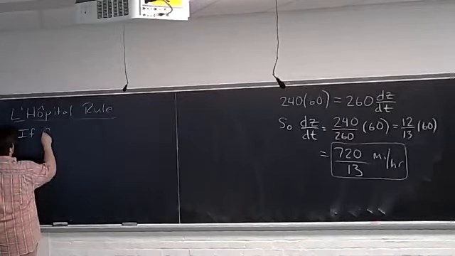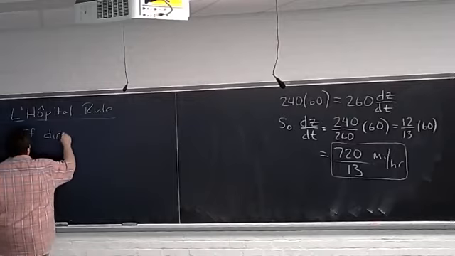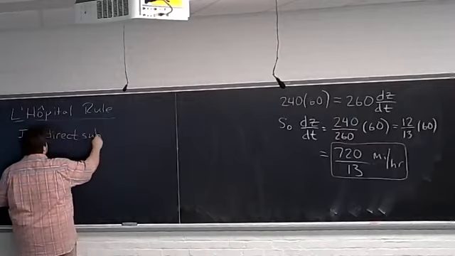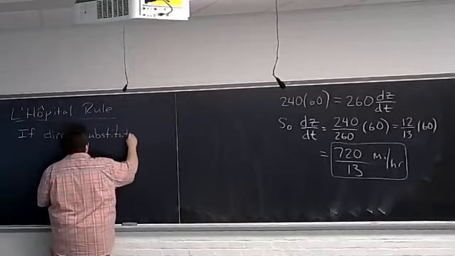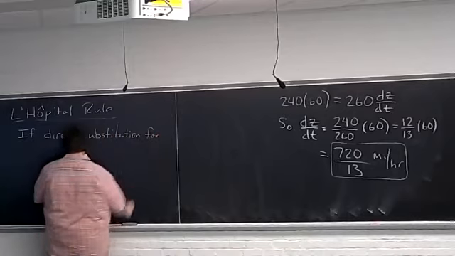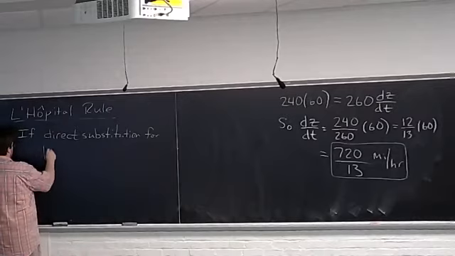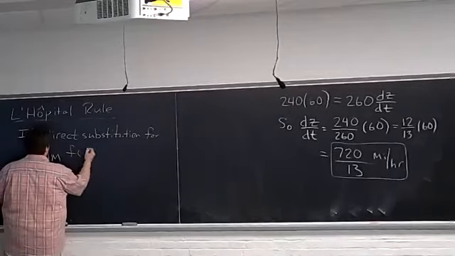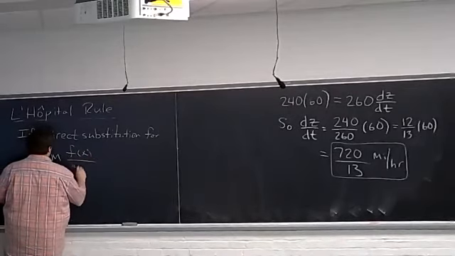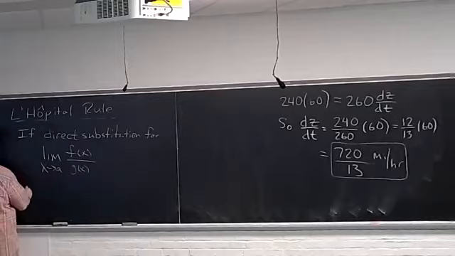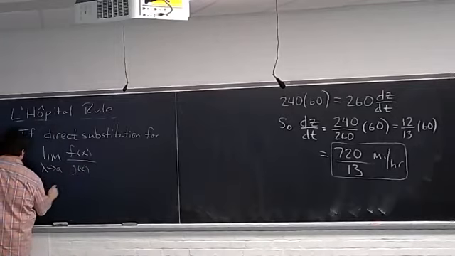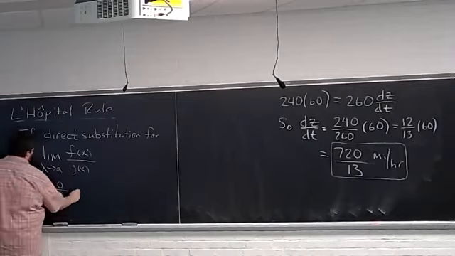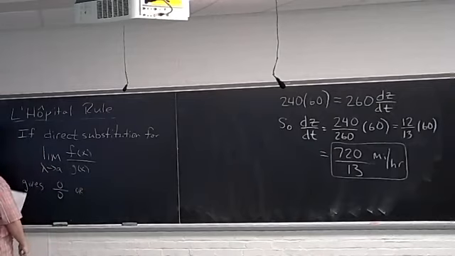So if direct substitution for this limit as x approaches a, of f of x over g of x gives 0 over 0, or, so I'll be a little informal in the statement and more formal in the examples.